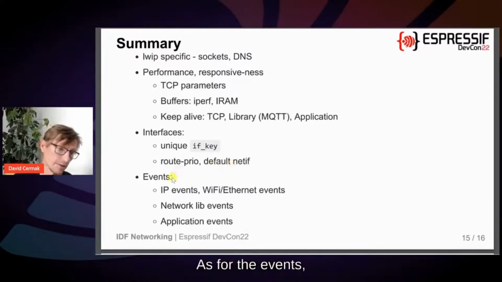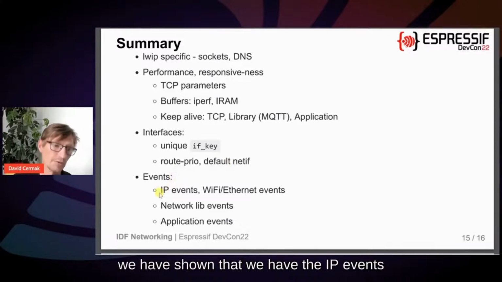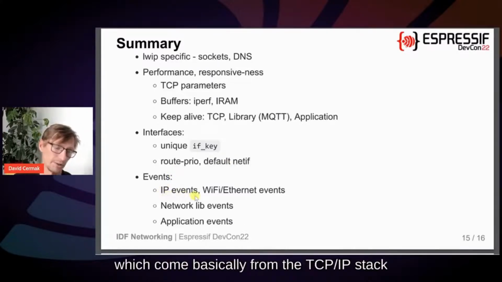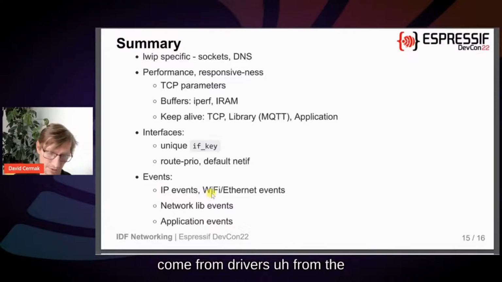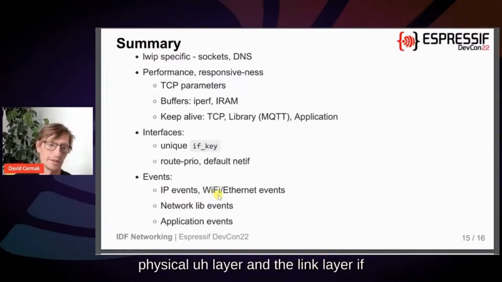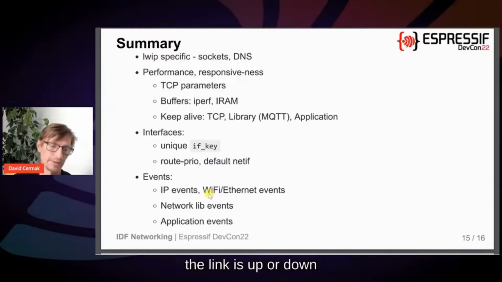As for the events, we have shown that we have the IP events, which come basically from the TCP/IP stack. Plus, we also have the events that come from drivers, from the physical layer and the link layer, if the link is up or down.